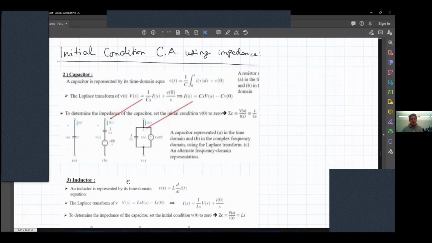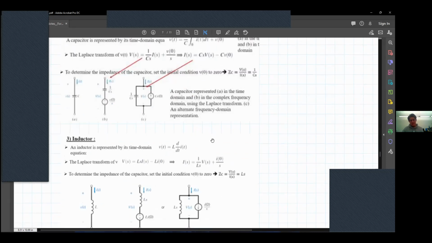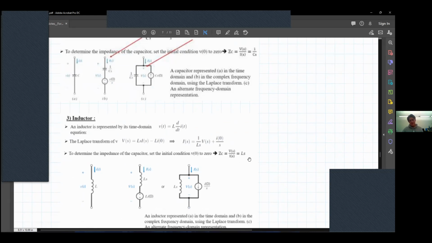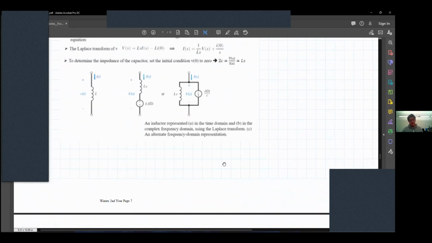We also have complex analysis, which we can get the initial values with. So this is more so referencing what we had talked about earlier, which is that capacitors in complex form just have 1 over CS, where S is a representation of J omega. And for inductors, you just have LS, where S is a representation of J omega.